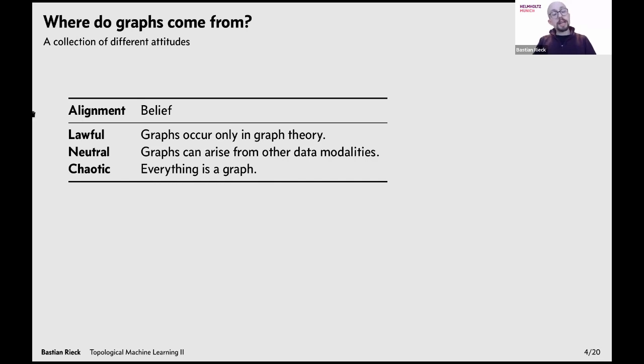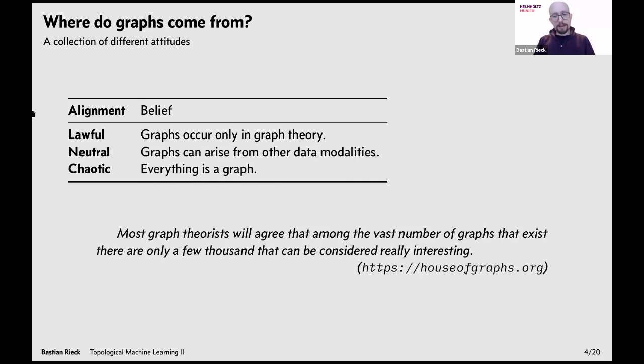And to underline this, let me give you an example that I actually took from a website called houseofgraphs.org, which is a great collection of interesting graphs. And they state that most graph theorists will agree that among the vast number of graphs that exist, there are only a few thousand that can be considered really interesting.